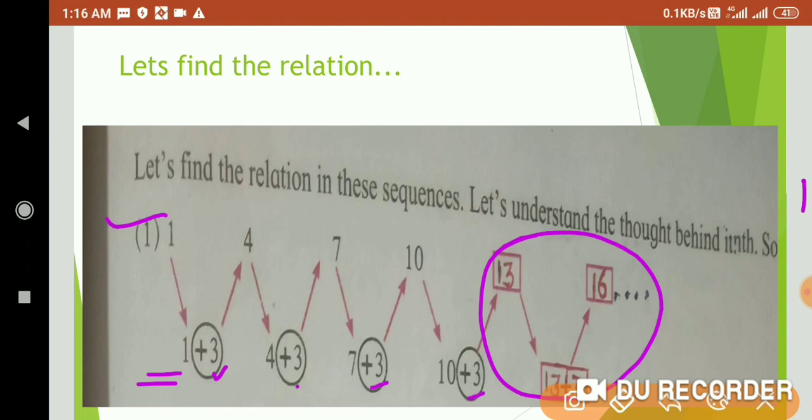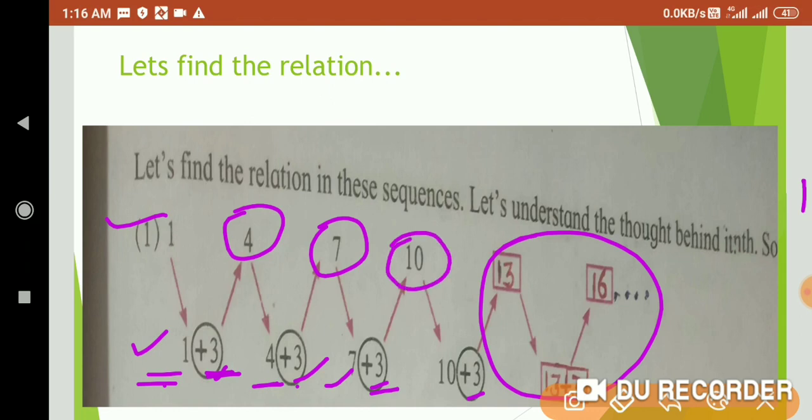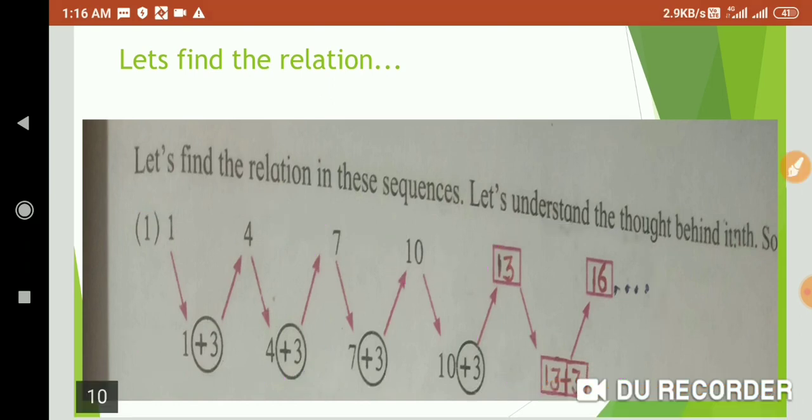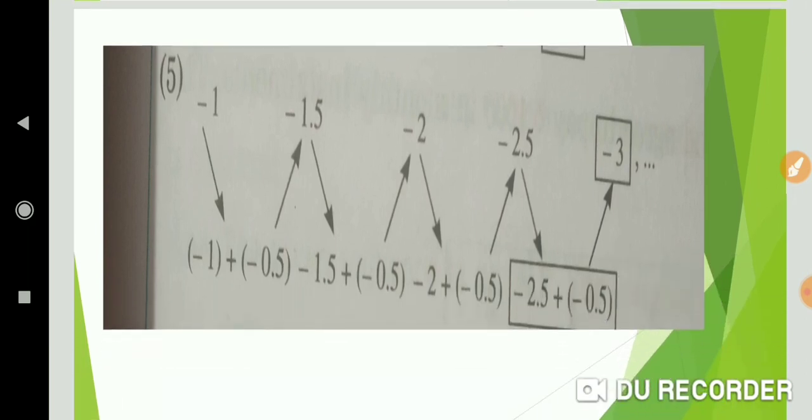Now see, if we add 3 to the previous number 1, then we get the next number 4. Again, if we add 3 to the previous number 4, we get the next number 7. If we add 3 to the previous number 7, then we get the next number 10. Understand, student?